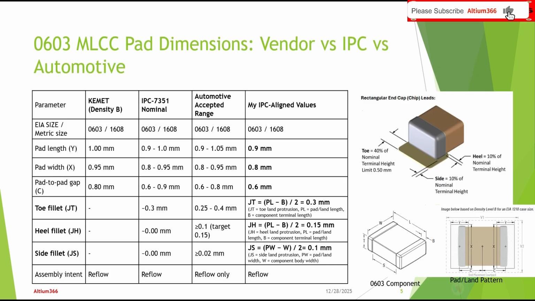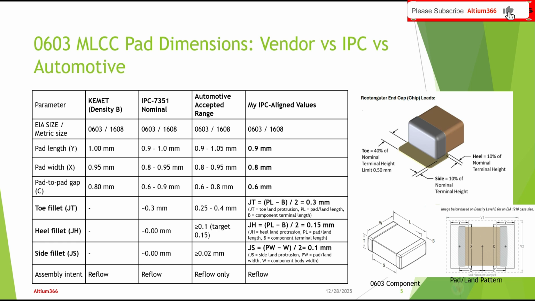Here we compare different footprint philosophies for the same 0603 capacitor. KEMET values are manufacturer validated, and they are also IPC based. Then we have IPC-7351 recommended values. IPC is a global organization that creates standards for designing, manufacturing and assembling electronic circuits.